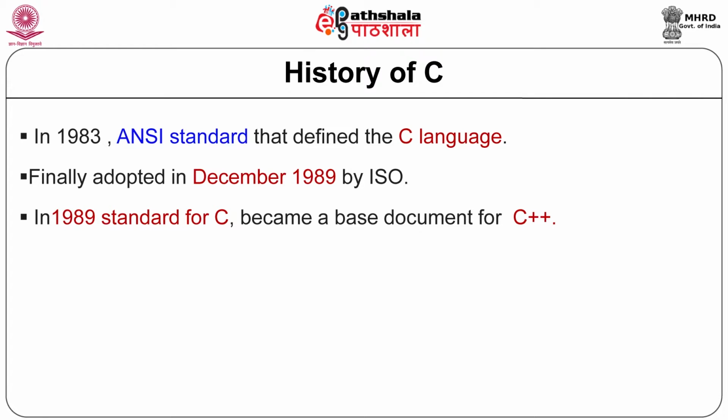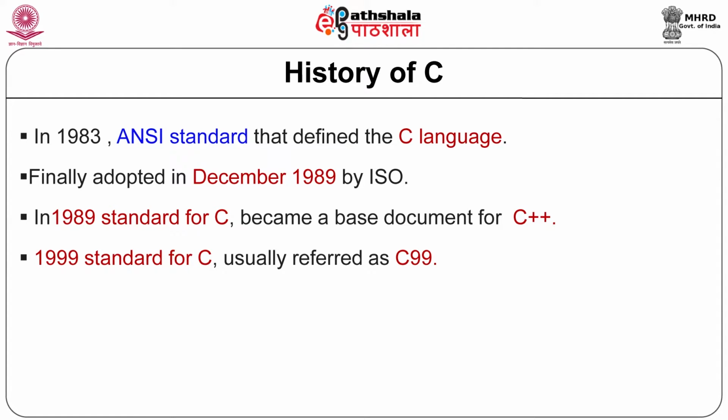The 1989 standard for C became the base document for C++. The end result was the 1999 standard for C, usually referred to as C99. It is a very simple and easy language.